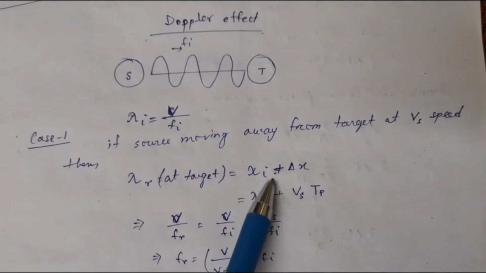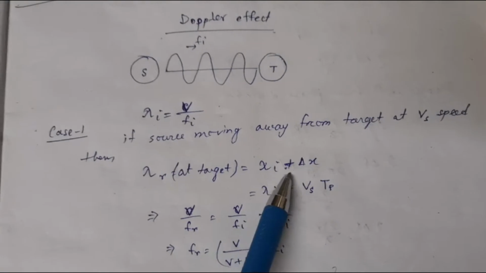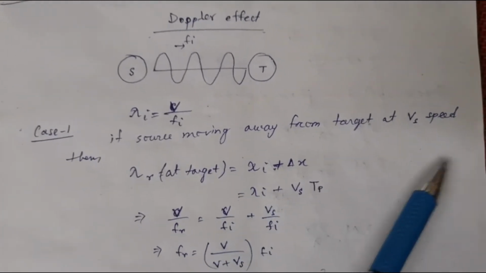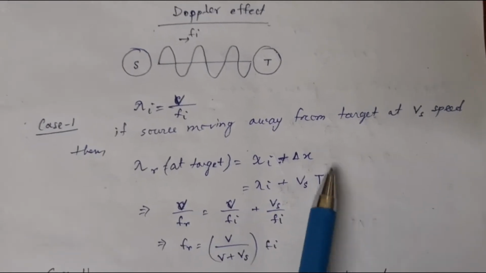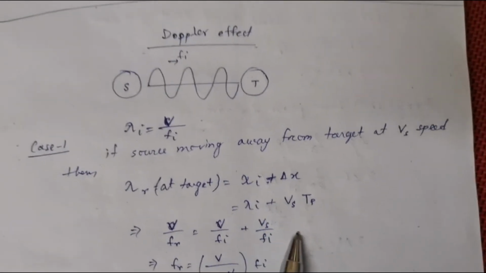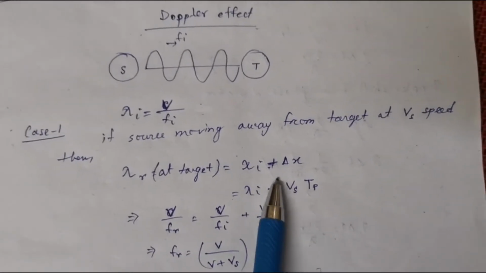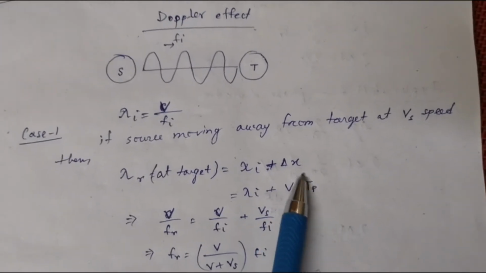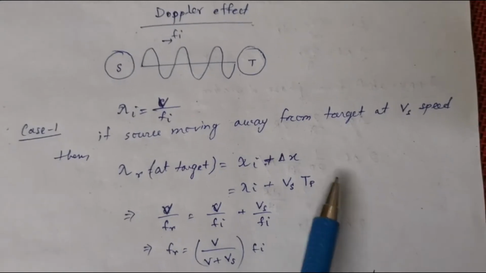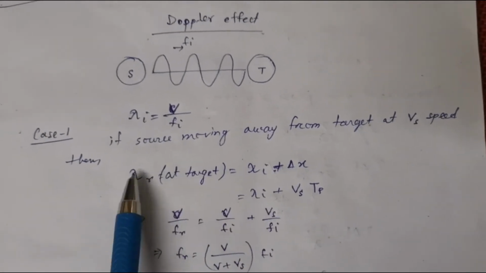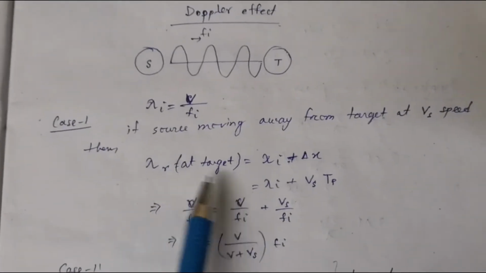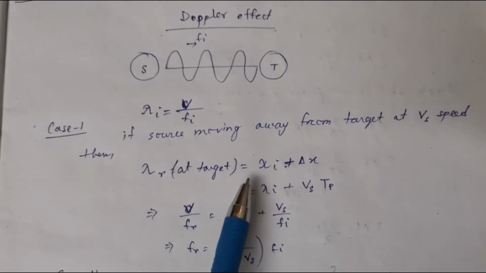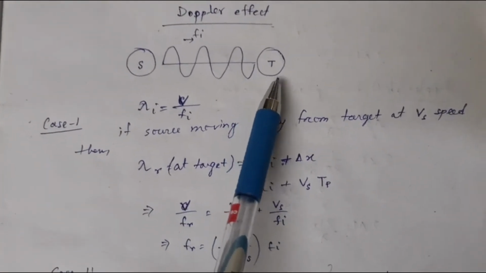If the source is stationary, delta x will be 0. But as the source is moving, delta x will be the velocity of the source, Vs, times Tp, the distance traveled by the source in one time period Tp with velocity Vs. So the overall wavelength will be lambda i plus Vs times Tp. This wavelength will be seen by the target.